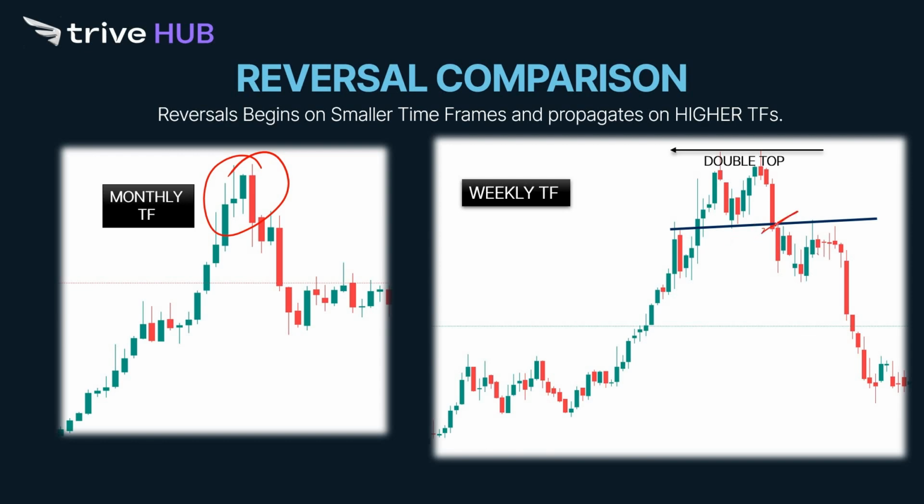Even if you have not been able to enter at this breakdown, it has given a perfect retest of this breakdown level. So you can take entries around this retest and then you will be able to capture this big down move here, right? So reversals or any kind of structure form first on the lower time frame and then move on to the higher time frame. By analyzing multiple time frames, you get what the market is about to do, right?